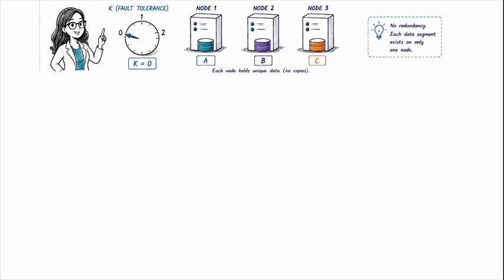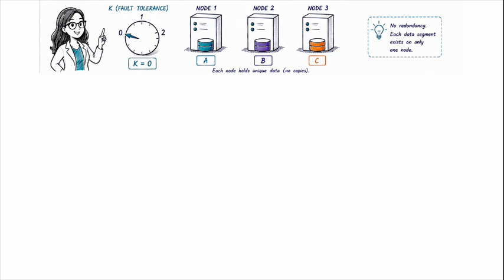Let's start with k equals 0. Your data is segmented across the cluster. Segment A on node 1, segment B on node 2, and segment C on node 3. It looks clean and simple. Each node is holding a unique slice, and the catch, as mentioned earlier, is that there are no copies.